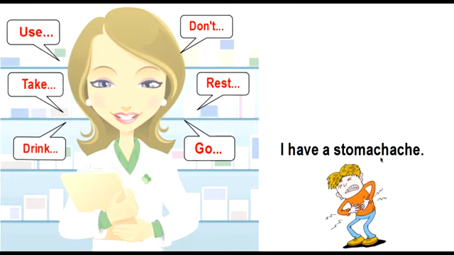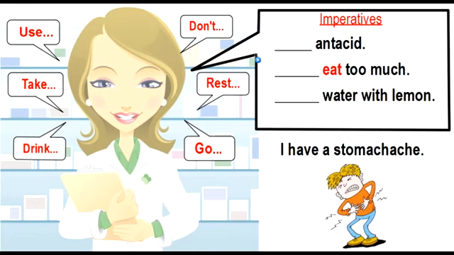The next problem. I have a stomach ache. What are the correct imperatives? For example, number 1, take antacid. Next, don't eat too much. And the last one, drink water with lemon. Very good.